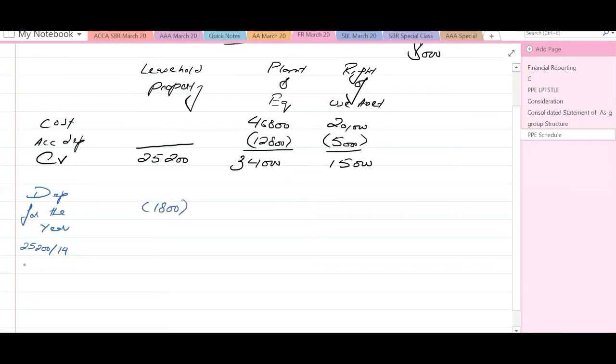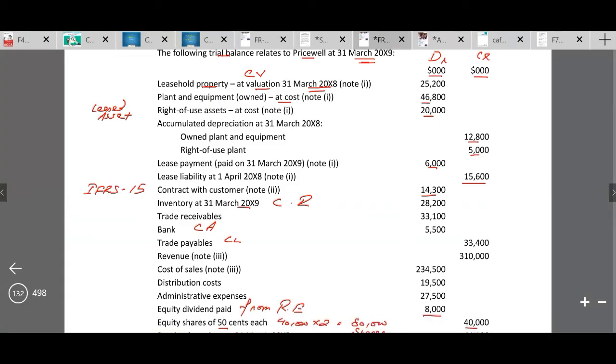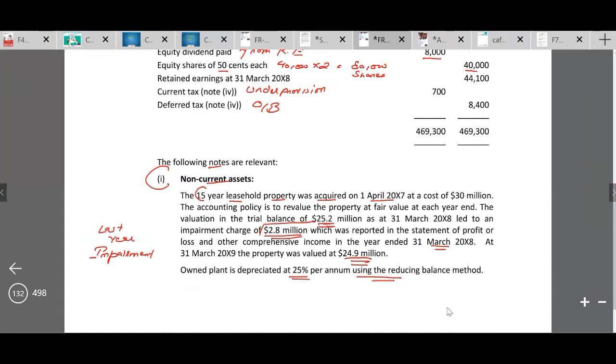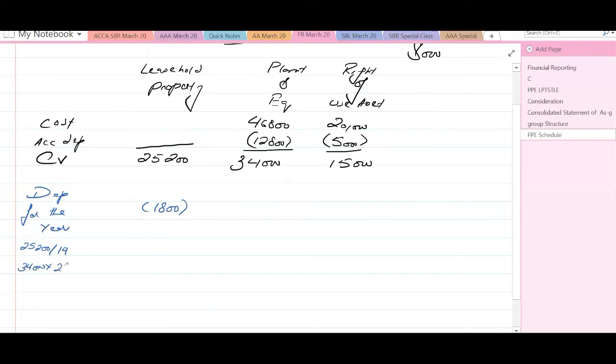And then 34,000, it was 25% reducing balance method. So 34,000 into 25% gives you 8,500. And then the right of use was 4 years. So 20,000 divided by 4 gives you 5,000.